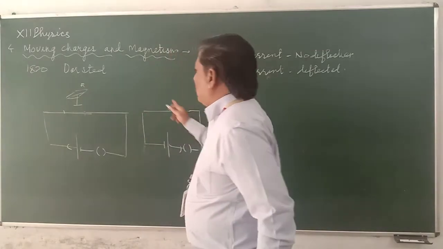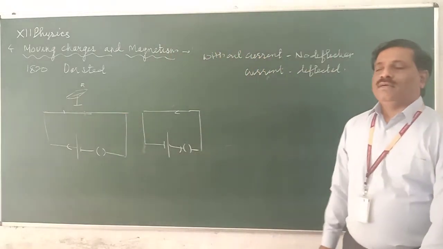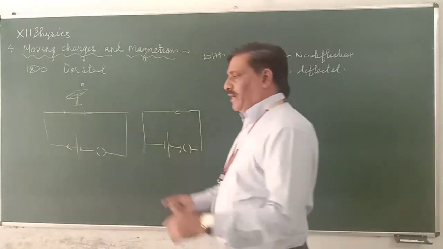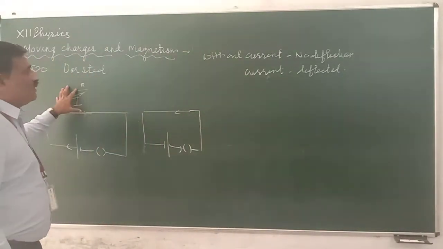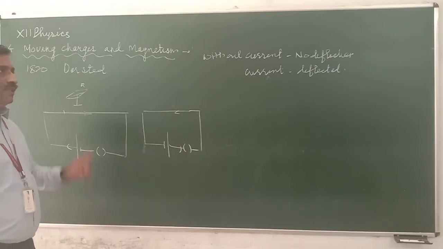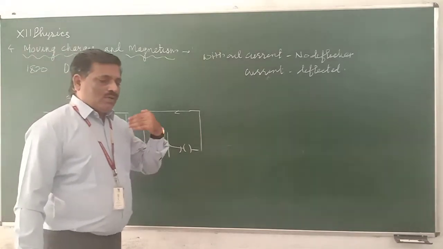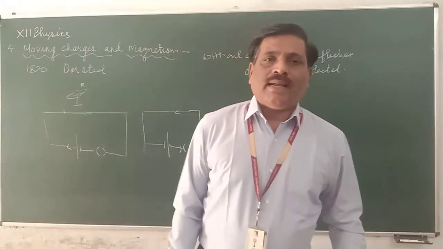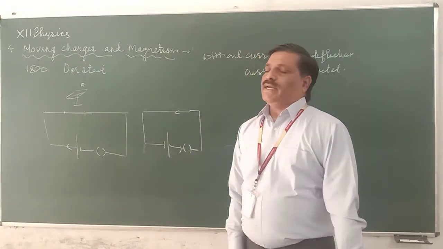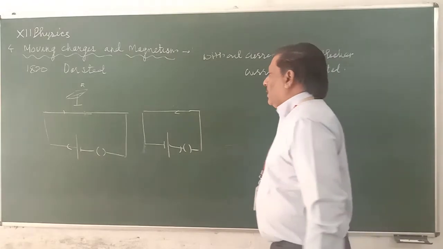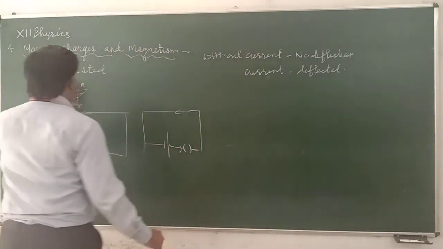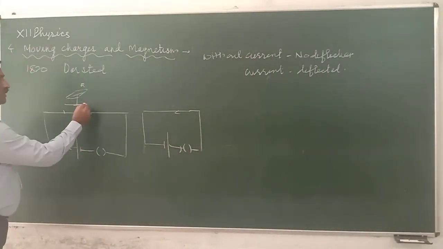So, whenever current was reversed, the magnetic needle also deflected in the opposite direction. This is the first point: the direction of deflection of the magnetic needle is decided by the direction of flow of current.